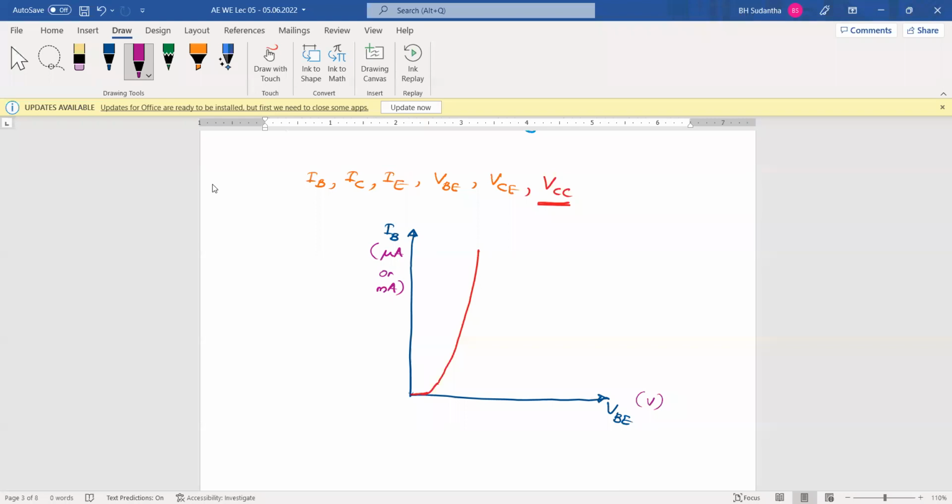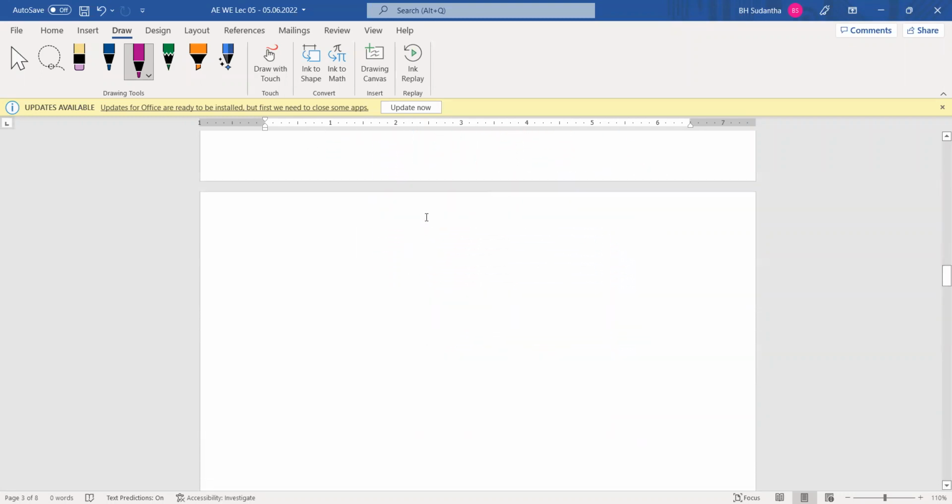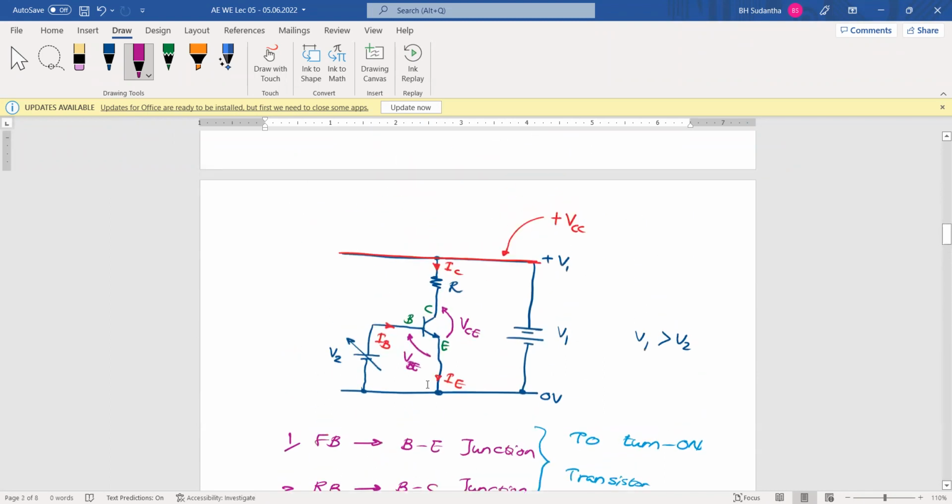Okay, then what type of relationship can we write between these three currents? Can't we write an equation like this? IE equals IB plus IC. Is it okay? IE is the outgoing current, but IB and IC are incoming currents. Then the total outgoing current should be equal to the total incoming currents.